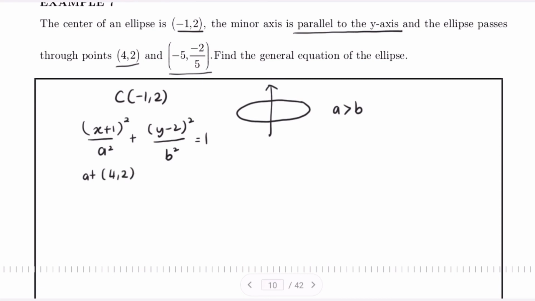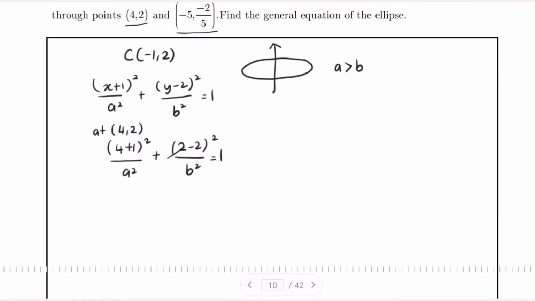Substitute the x and y values: 4 plus 1 squared over A squared plus 2 minus 2 squared over B squared equals 1. This one goes to 0, so 5 squared over A squared equals 1, and your A squared equals 25.